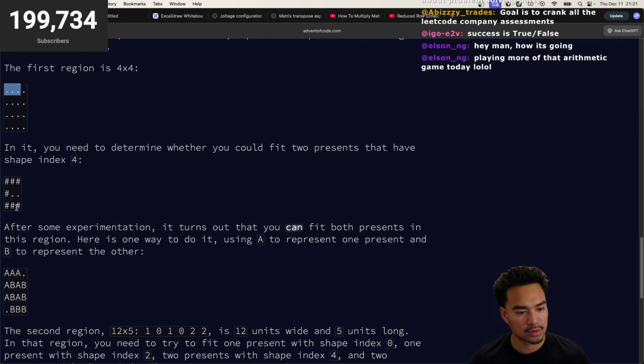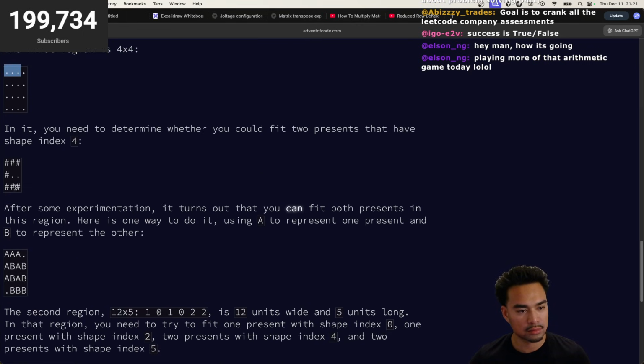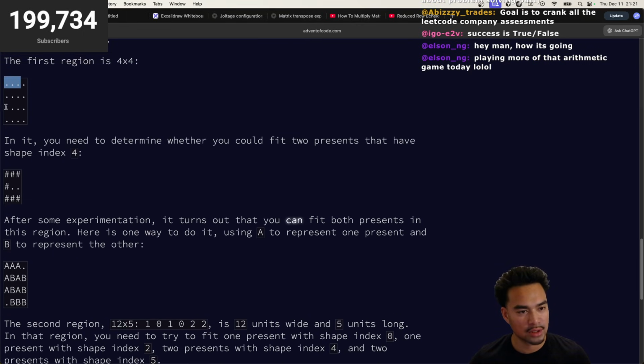What is this? 3 down. Yeah, you can do it like this too. After some experimentation, it turns out that you can fit both presents.